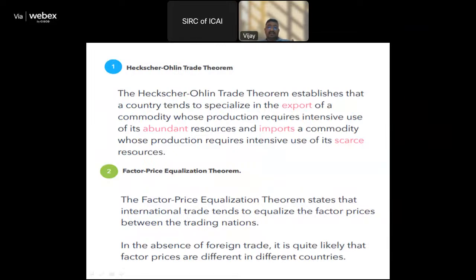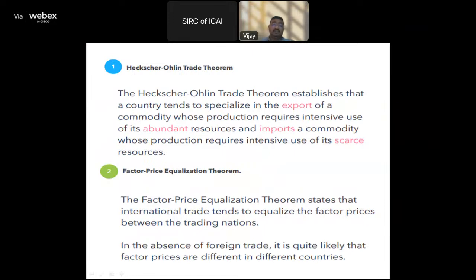So like that, when they export the capital technique to the labor intensive technique, to capital intensive technique, sir, at one point of time, the factor price will be equal.